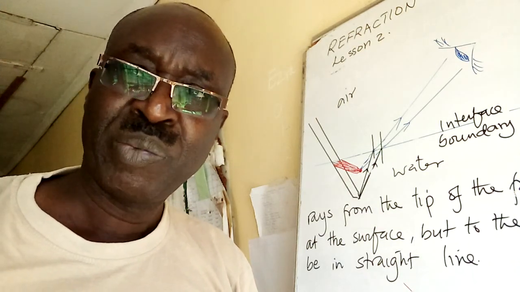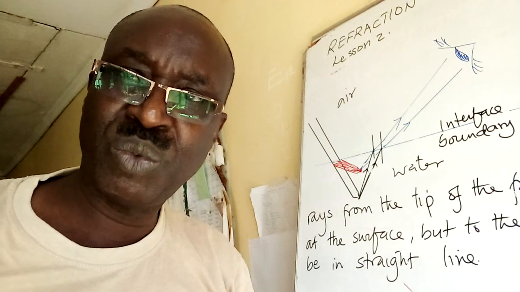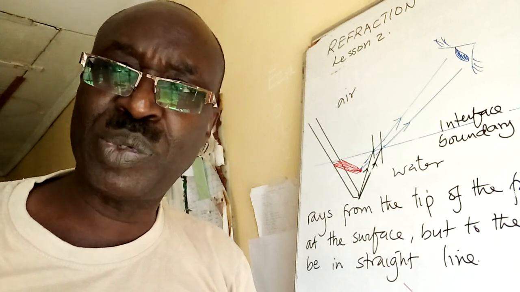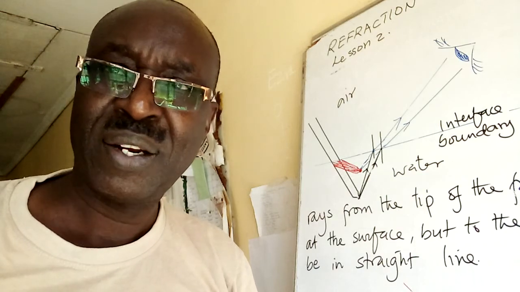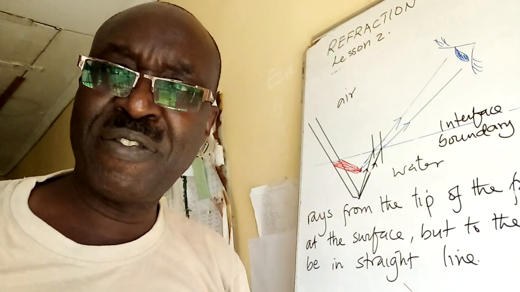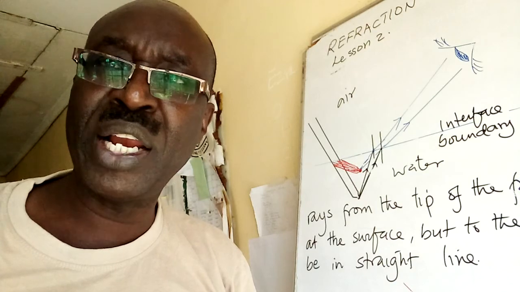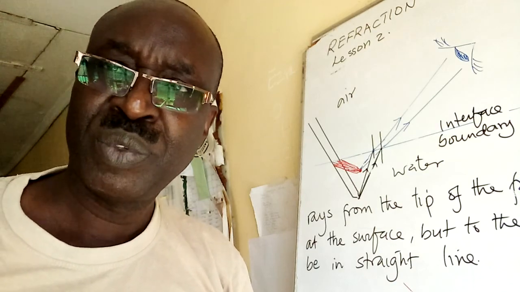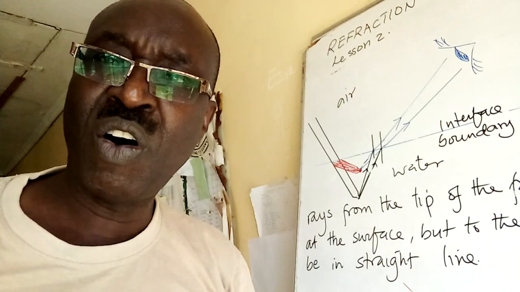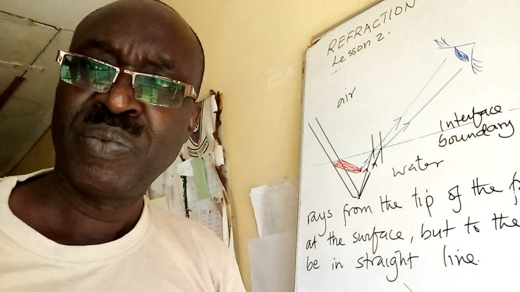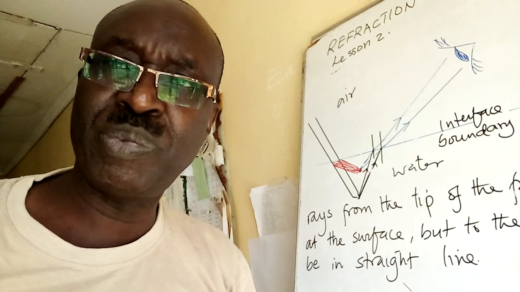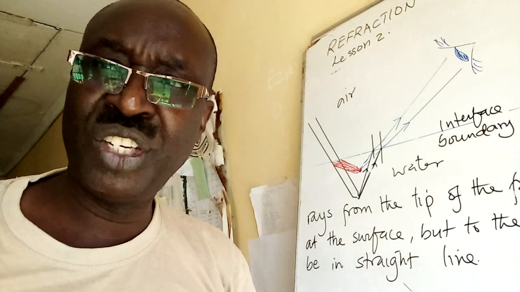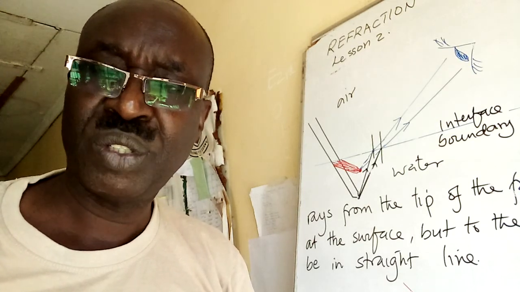But when you have materials which have different optical densities, then light will bend. So refraction in a sense is the bending of light, or the passing of light through materials of different optical density as it changes direction.